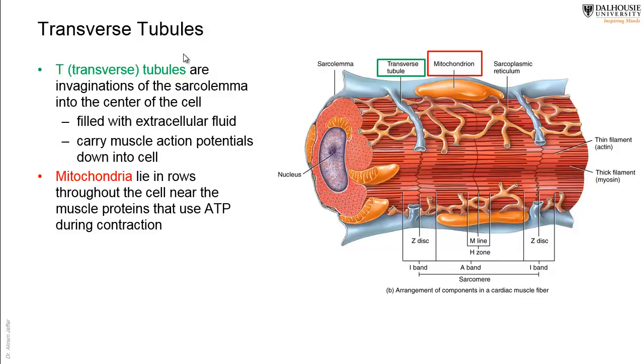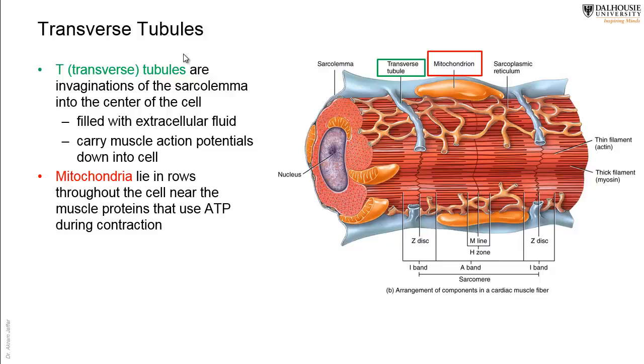You can imagine a muscle in the lower limb, maybe 30 or 35 centimeters in length. Each muscle fiber, each cell, is very long. So the cell membrane dips inside the cell, and in this way the action potential, the electrical signal, will be distributed uniformly in the muscle fiber.